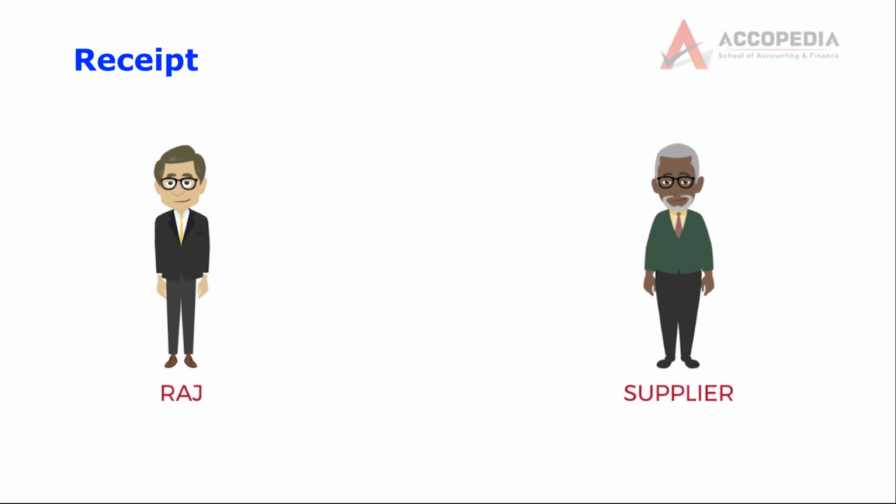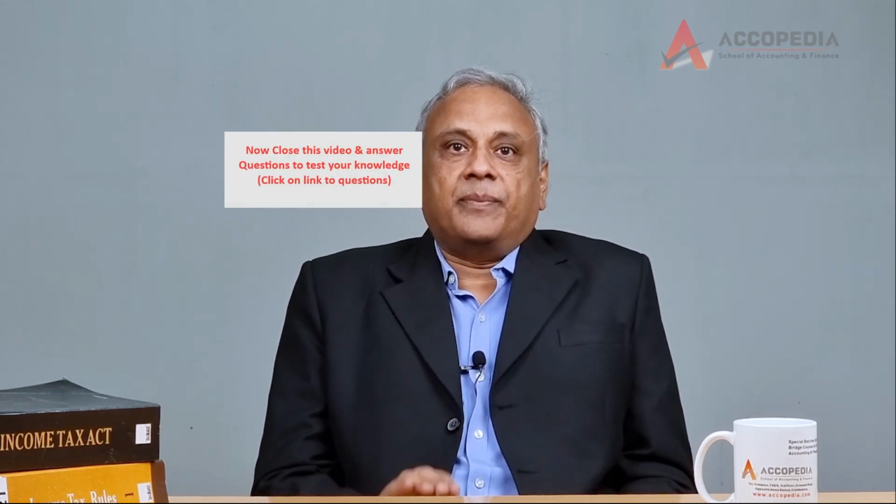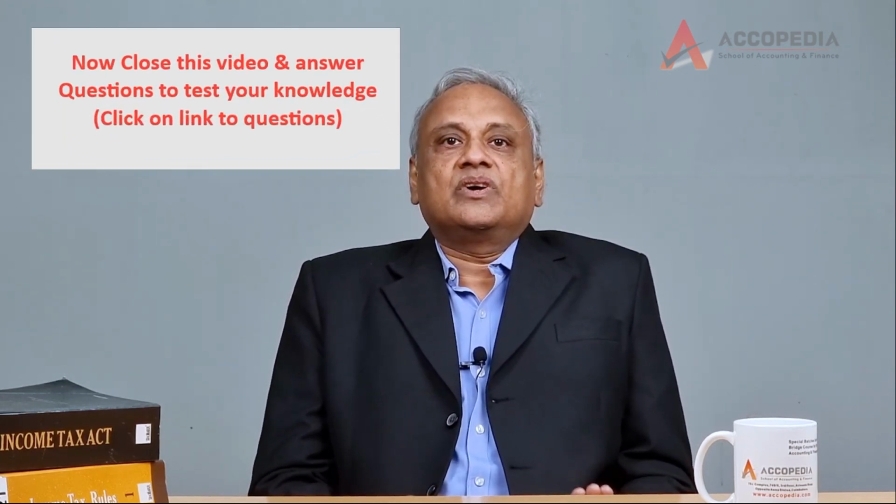Similarly, if my supplier comes and asks me for money, and if I pay him money, then he has to issue a receipt. This receipt is a documentary evidence which says that I have paid the money and he has received it. Now, receipt is commonly issued by the person who receives the money.